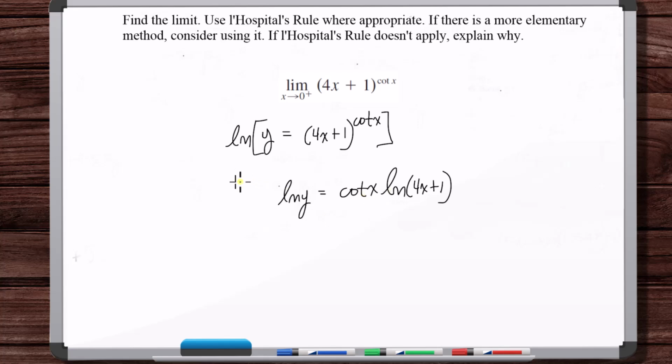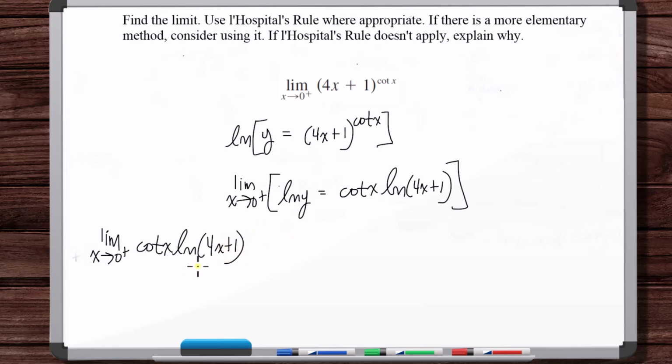Okay, so now we could take the limit as x approaches 0 from the right of all of this. So what is the limit as x approaches 0 from the right of cotangent of x, natural log of 4x plus 1? Okay, natural log of 1 is 0, and then again cotangent of x goes to infinity.